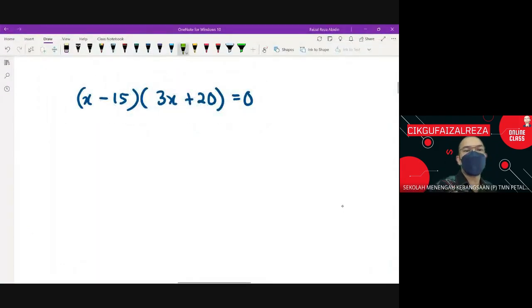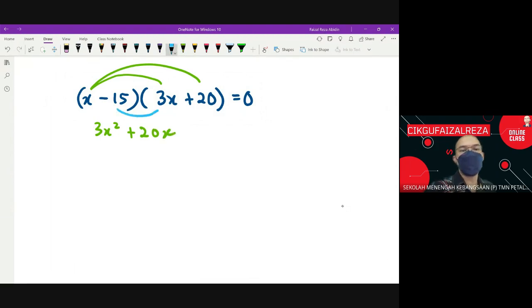If I expand, x times 3x, 3x square, x times 20, 20x. And then 15 times 3, negative 45x, negative 15 and 20, you are going to get what? 15 times 20.